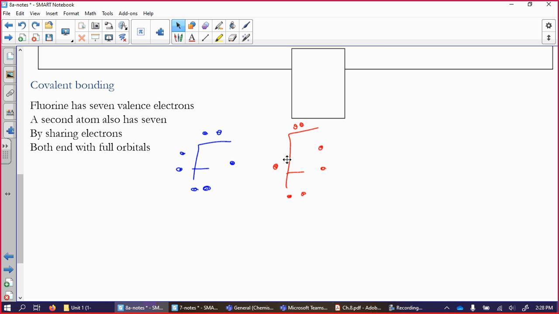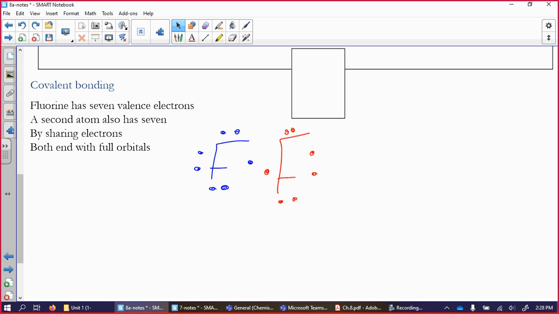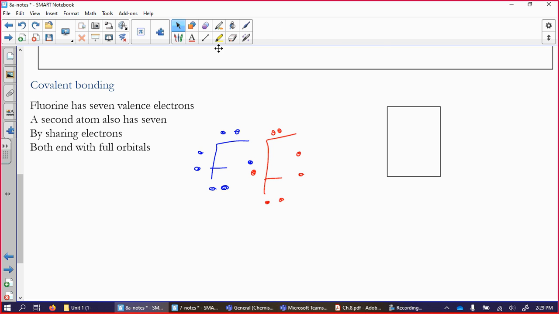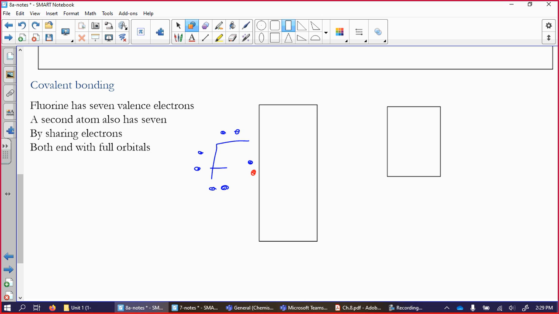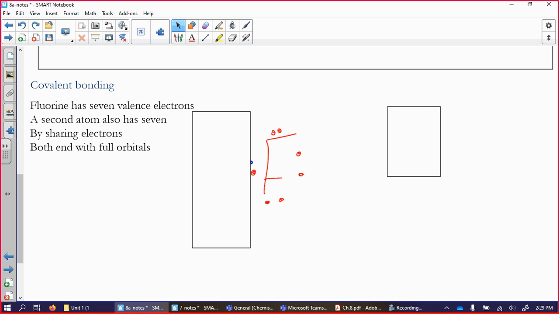They do the same thing until we get that overlap. How many electrons are around fluorine, the blue fluorine? 8. And then the red fluorine has 8.